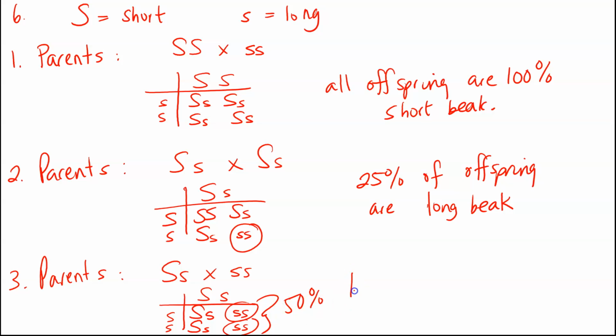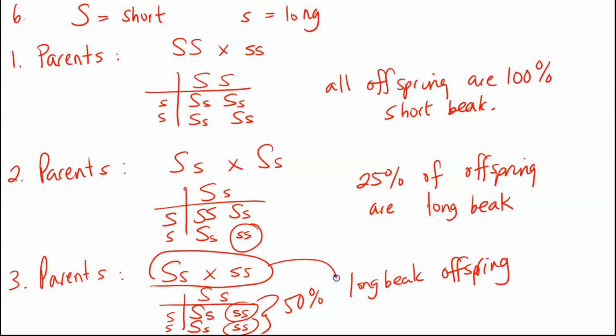We have the probability of 50% long beak offspring. And so the question was, which different crosses result? So this is the cross that results in 50% long beak offspring.